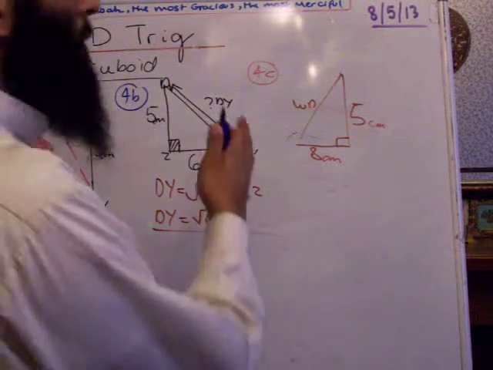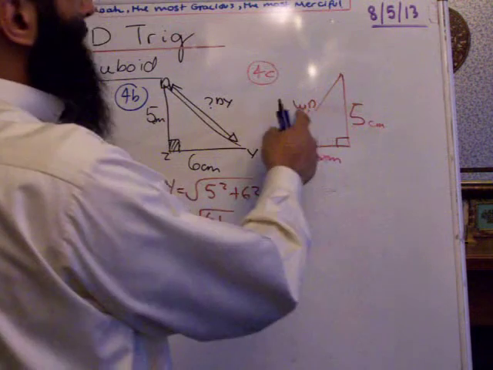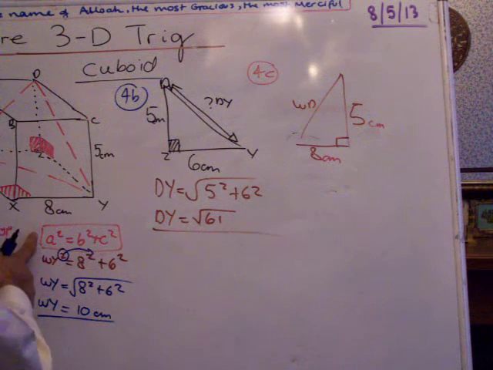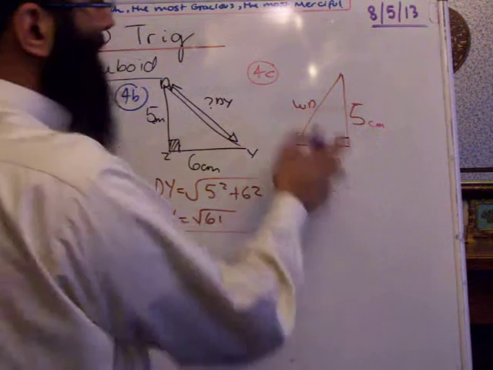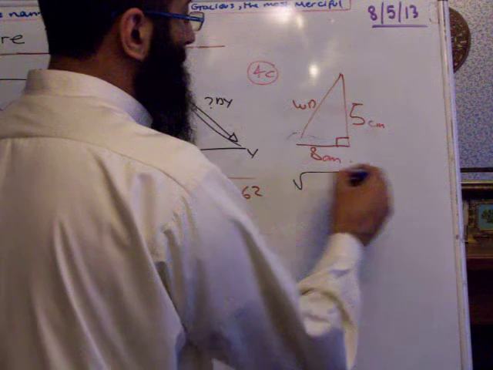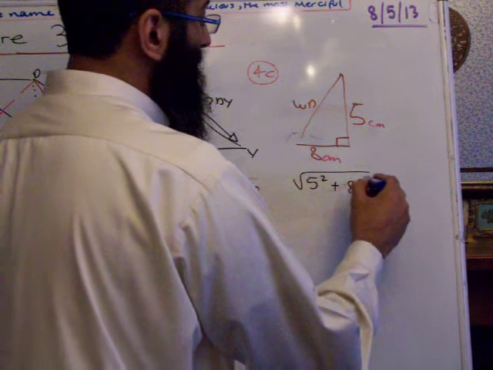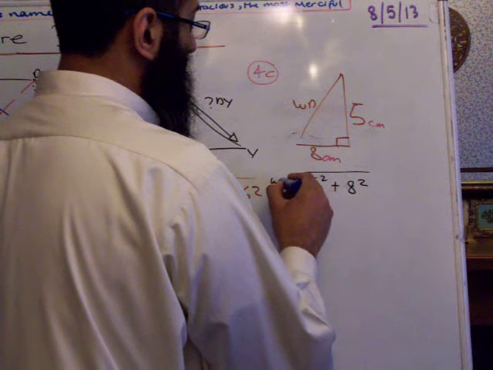Right. Now question 4C. Again, WD is going to be the hypotenuse. So if you look at the original method over here, to work out the hypotenuse, we have to do the square root of the other two sides squared and added together. The answer is root 89.